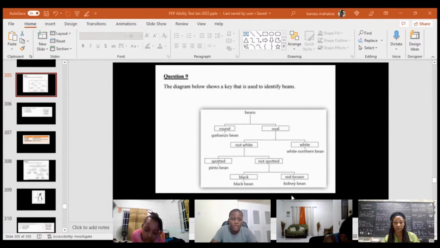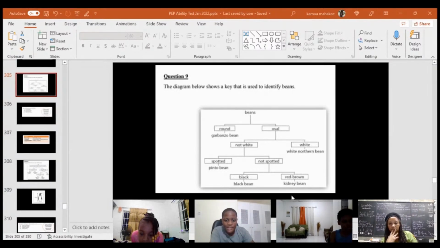Okay, miss. Question 9. The diagram below shows a key that is used to identify beans. Read the diagram from top down.